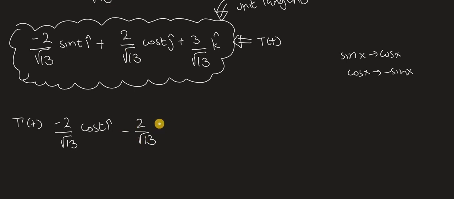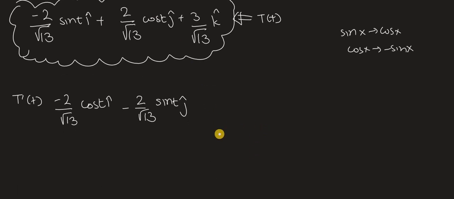So negative sine t j hat plus 3 over... sorry, this is a constant, right? And what's the derivative of a constant? Derivative of a constant is 0, so we do not write it here, or you can write 0 k hat, but it doesn't mean anything, so we're just going to leave it like that. Alright, so this is simply the derivative of the tangent vector.